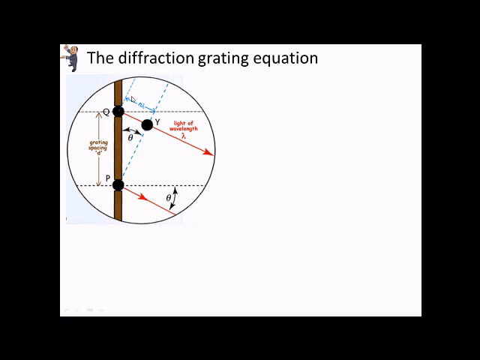So if we zoom in, Q and P are our two slits in our diffraction grating. We've got our parallel beams of light travelling through here. We've got our angle of diffraction here, and n times our wavelength here. N, remember, is the order.